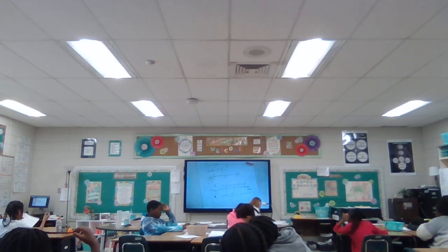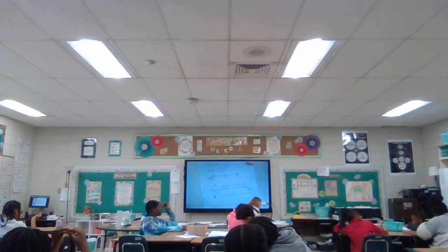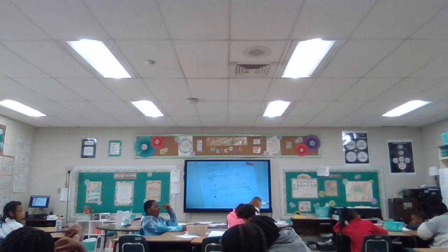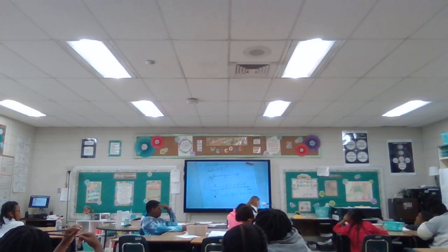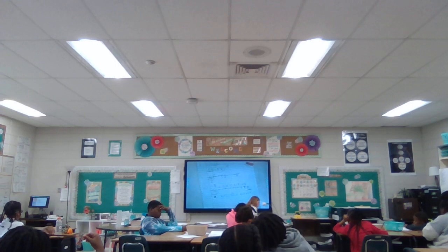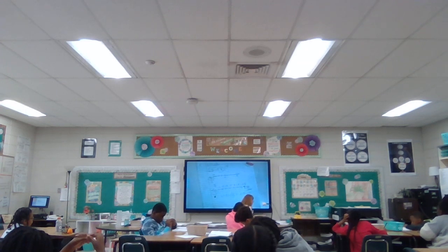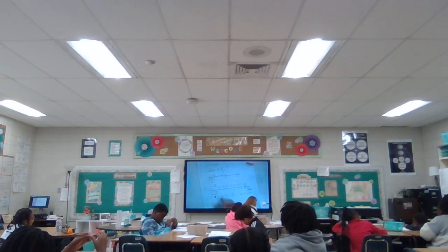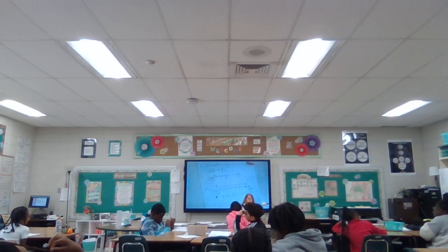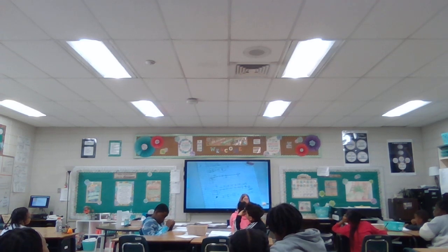So what would the actual difference be? Will the actual difference be a little more than 2 or a little less than 2? The difference between this number and this number. So there you found the sum, you estimated the sum.